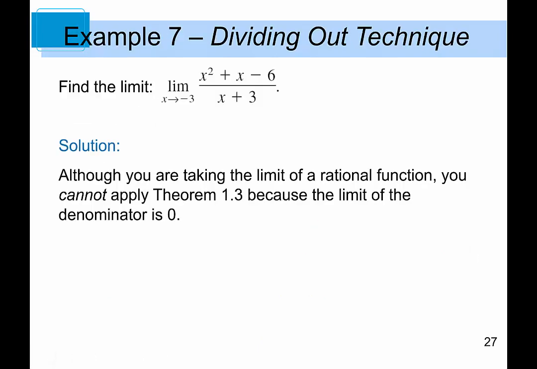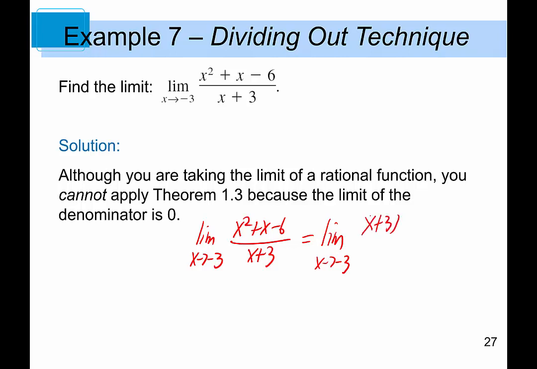For example, like this one, the limit as x approaches -3. If you do direct substitution, you realize that the denominator becomes 0 because -3 plus 3 becomes 0. So you cannot do direct substitution immediately. However, you can factor the numerator using quadratic factoring. So it becomes x plus 3, x minus 2 over x plus 3.